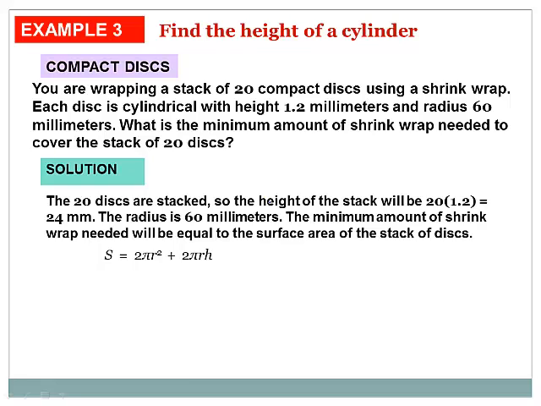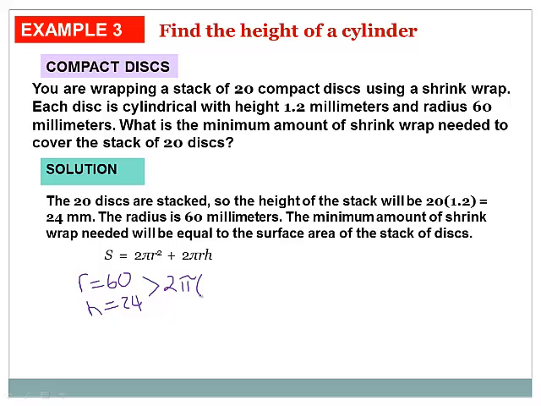We know our radius is equal to 60. We know our height, our little h, is equal to 24, and those are millimeters. So all I do is plug in: we have 2 times pi, and I would use the pi button, or 3.14, unless it specifies.